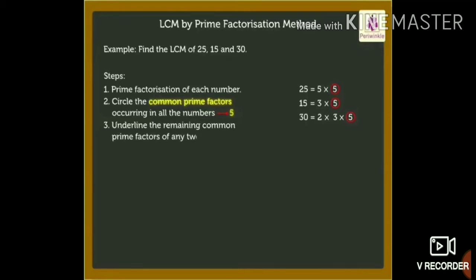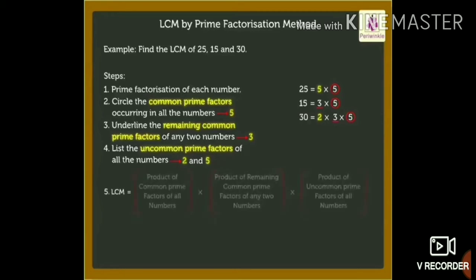Next, underline the remaining common factors of any two numbers. 15 and 30 have the common prime factor 3, and I underline it. Next, the remaining factors are 5 and 2. List the uncommon prime factors, which are not common: 5 and 2.